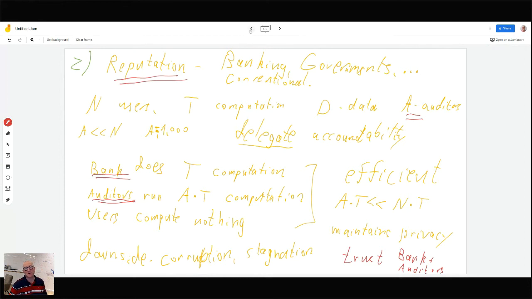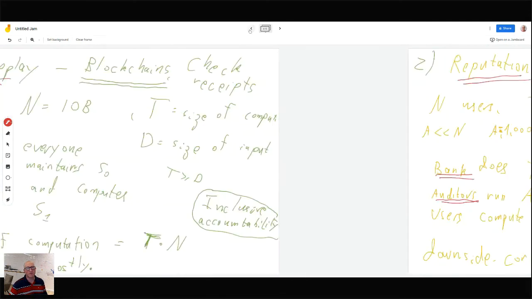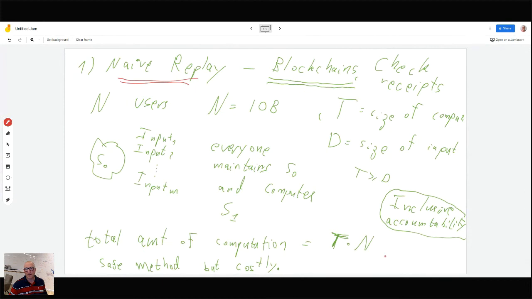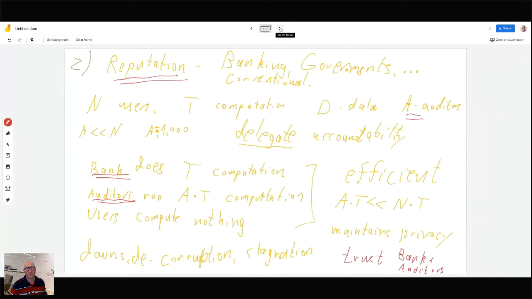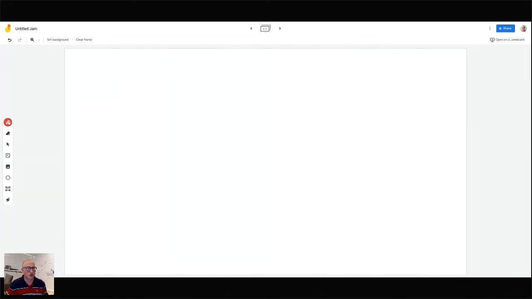So you could have all the benefits of the naive replay world, which is a very safe method, without the cost inflicted by it. And I think that's going to be a very good world to live in. So let's go on to technology number 3, which is the trusted execution environment.